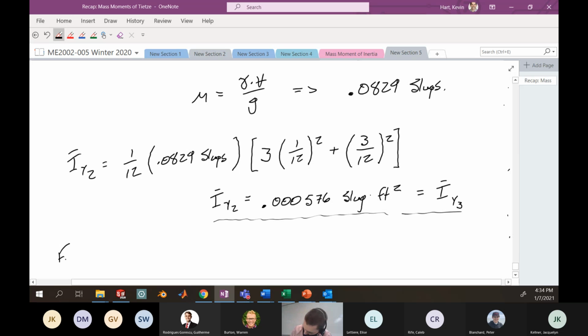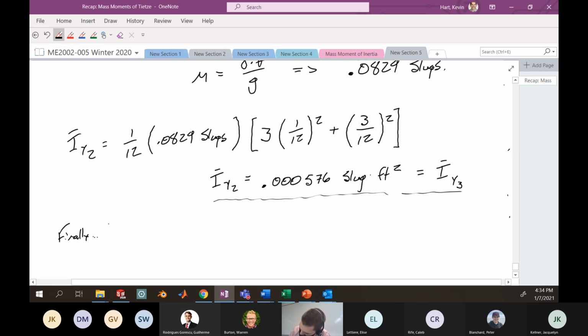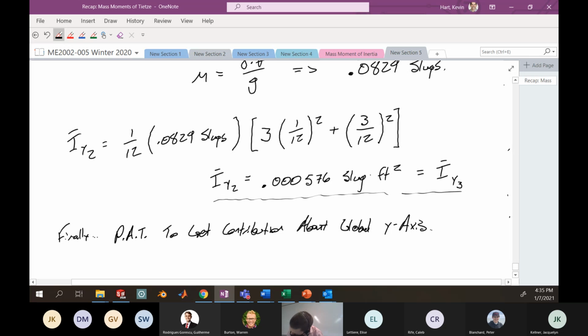So finally, you need the parallel axis theorem to get the contribution about this global y-axis.